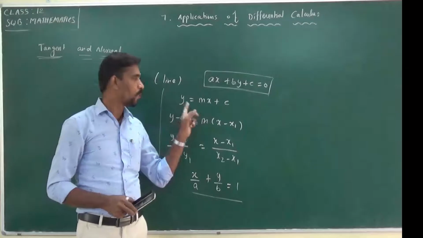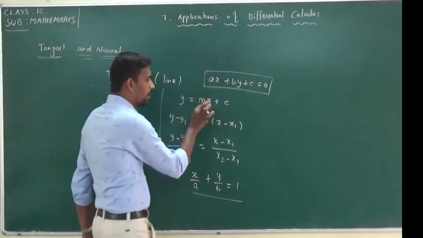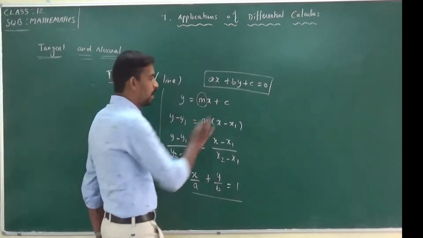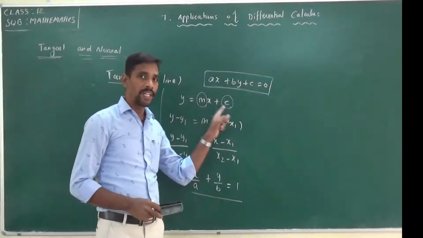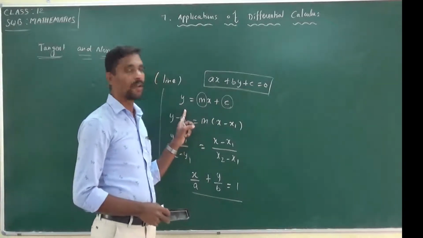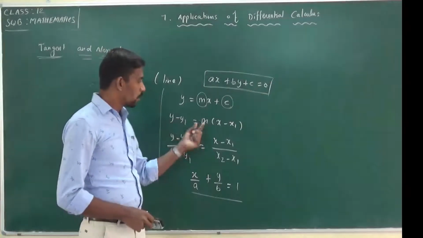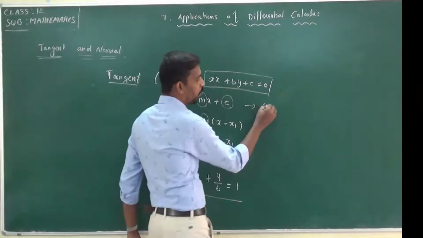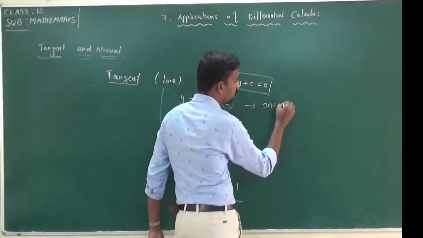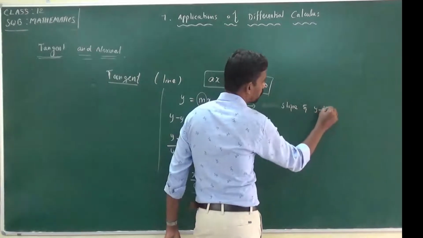The first one, y is equal to mx plus c. We use this formula when we know the slope and y-intercept; then we can find the equation of the line.